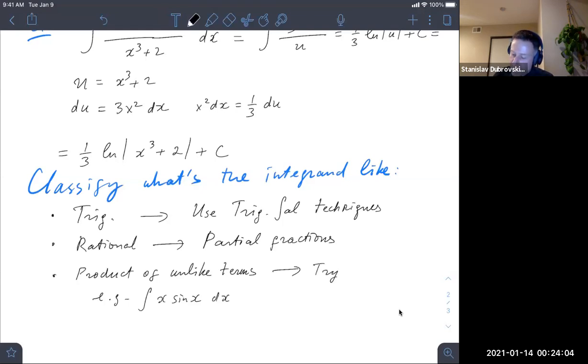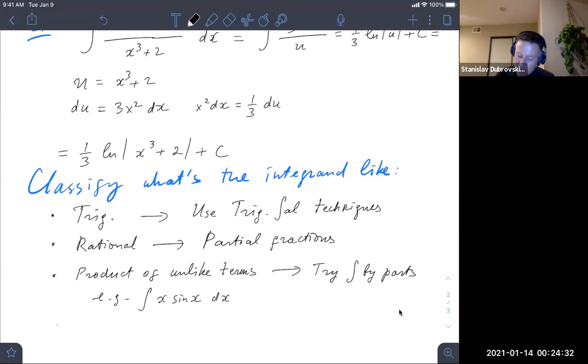Try integration by parts. What else? What if this is the product of two terms which are like? Maybe you see a derivative of second term being a derivative of some part of the first term, then you're looking at the u sub, and that we already discussed.